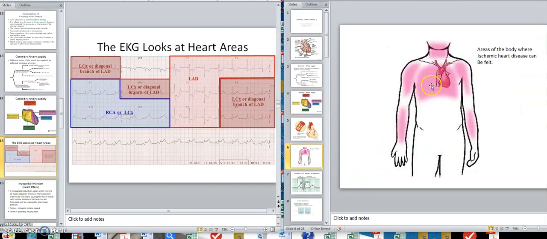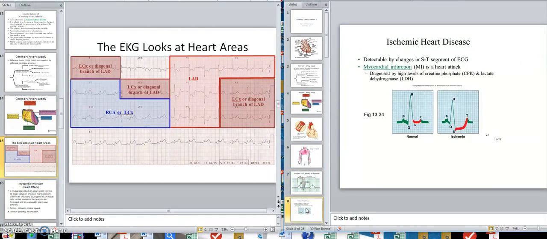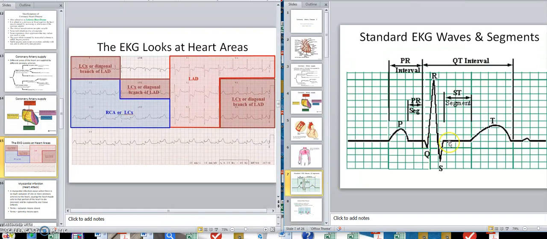Here is where you would feel discomfort. Now, right here, this is the standard EKG, and that's in my EKG section. If you have ischemia on the EKG, this segment right here, known as the ST segment, may sag.